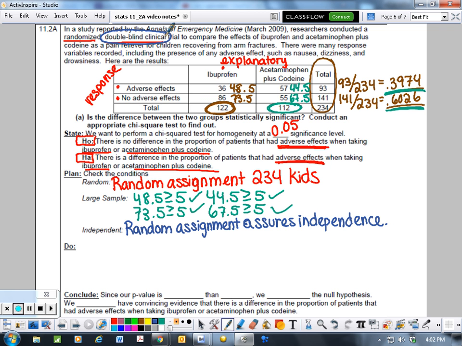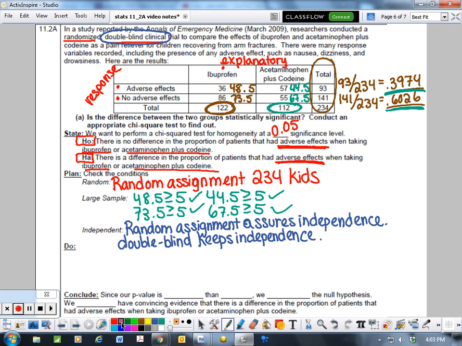So double-blind keeps other things from affecting it, so it keeps our independence. Because we're looking at cause and effect with our experiments, it's always a good idea to minimize as much of the effect of those other variables as possible, so that double blind really keeps our data independent from each other.